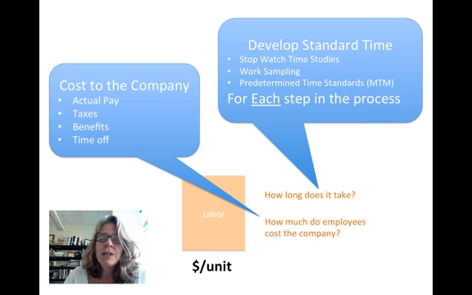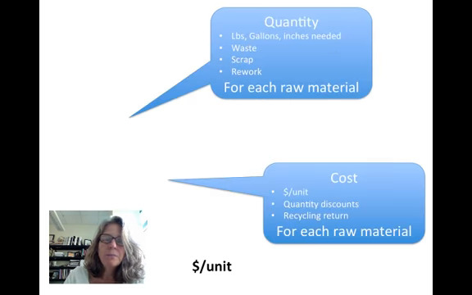There are 3 ways: stopwatch time studies, work sampling, or predetermined time standards, or MTM. Those are 3 methods for figuring out the time. And you have to do this for each step in the process. Assembly workers are going to be making less than machining people, so you have to break it up into the step in the process.